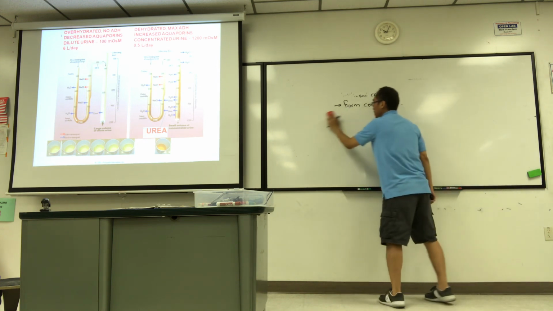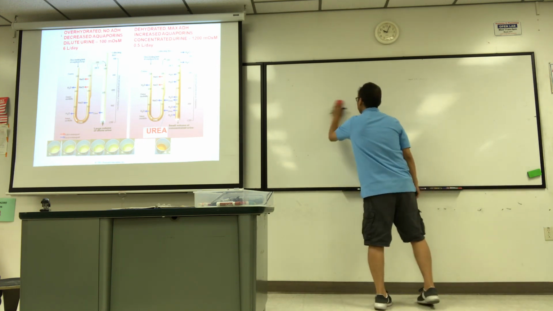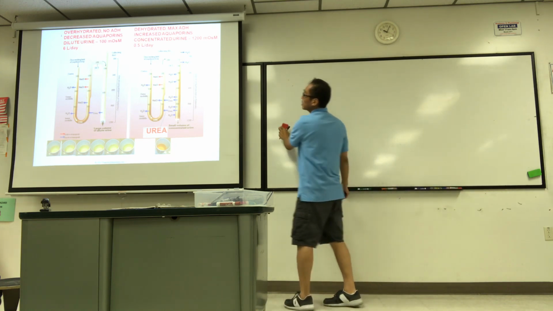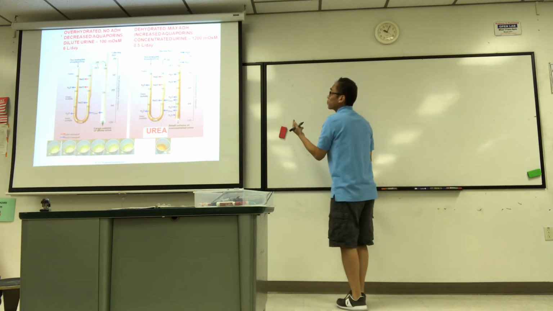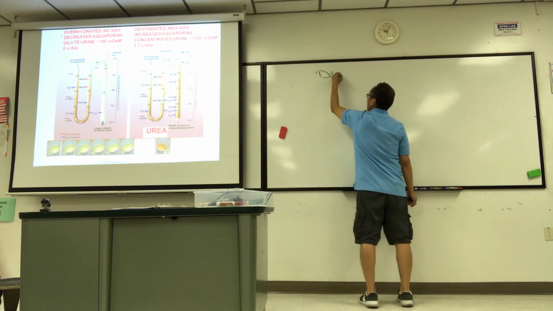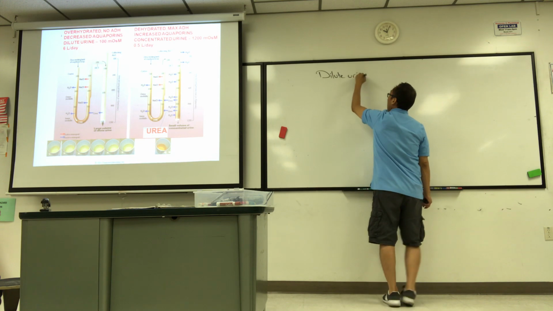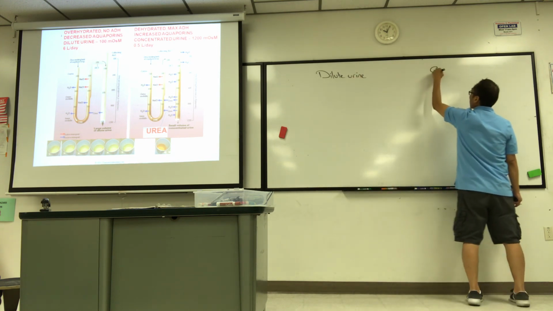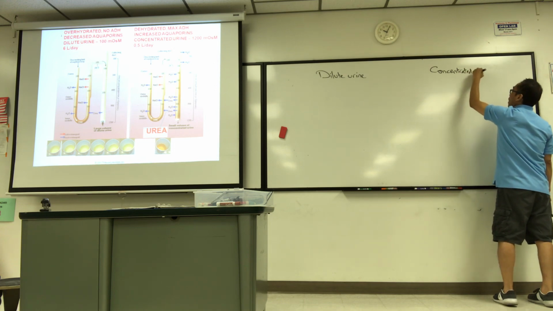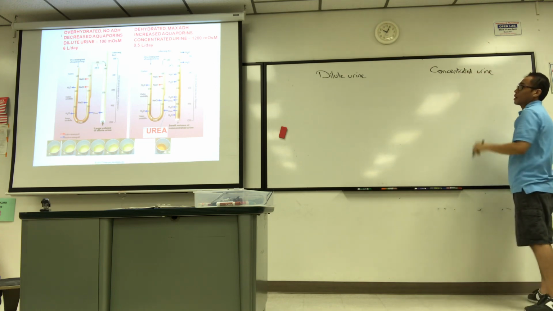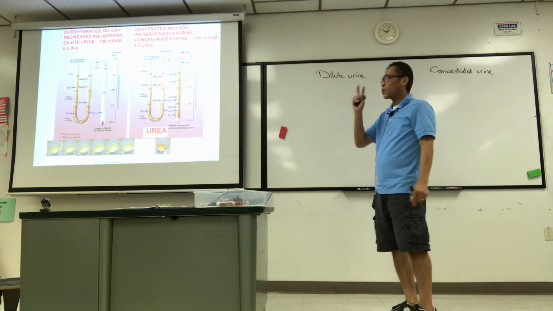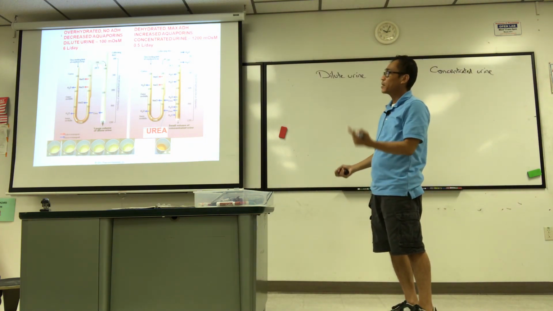So this has all been calculated out. So these numbers are real, they're not conceptual. So the formation of dilute urine versus concentrated urine. Let's say you drink a lot of water, you're overhydrated, you're plenty hydrated.